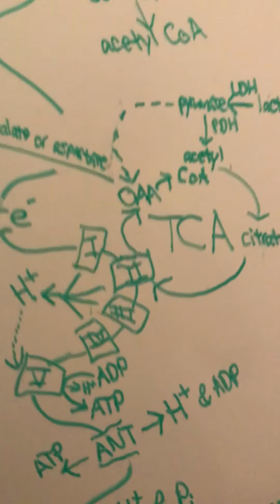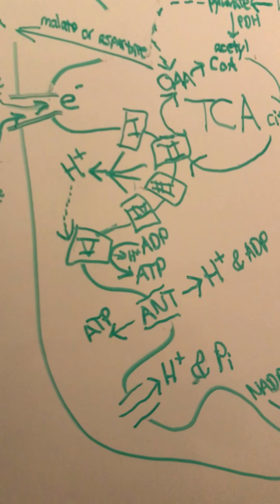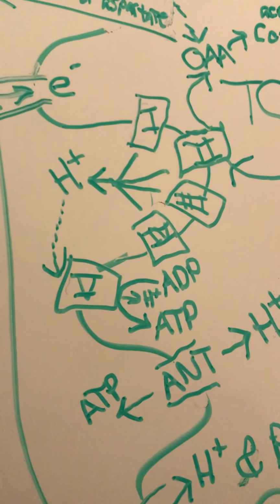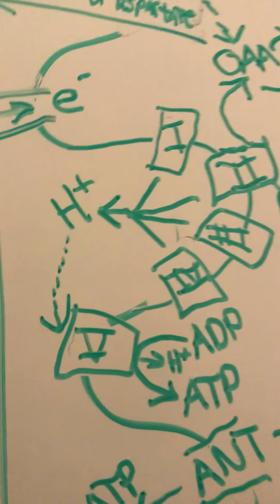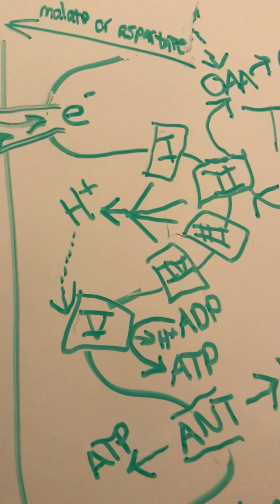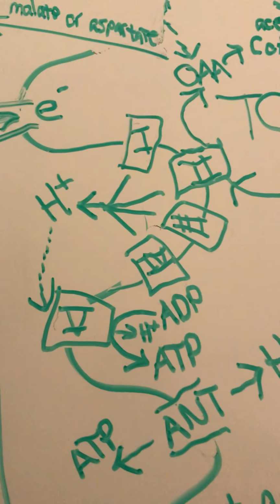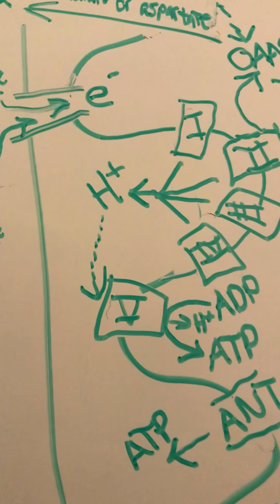So I very briefly talked about complex 2, and this seems like probably the most complex area of the drawing. Here we have our complexes representing the electron transport chain: complex 1, 2, 3, and 4. These complexes, which exist in the inner membrane of the mitochondria, pump hydrogens from the matrix into the inner membrane space.